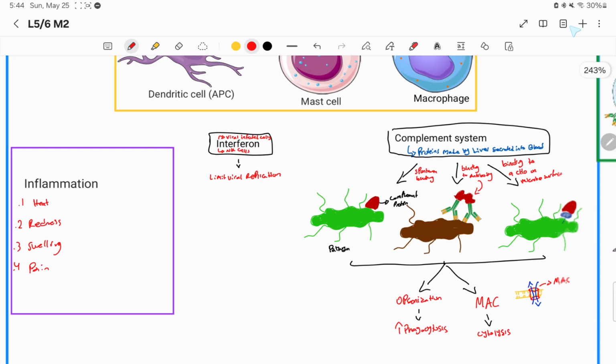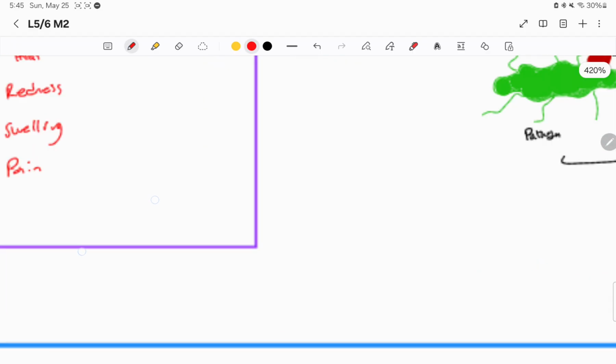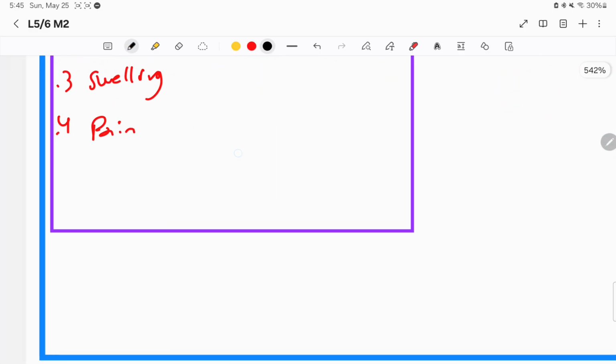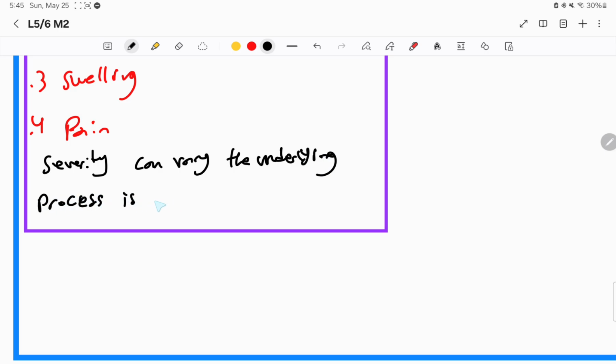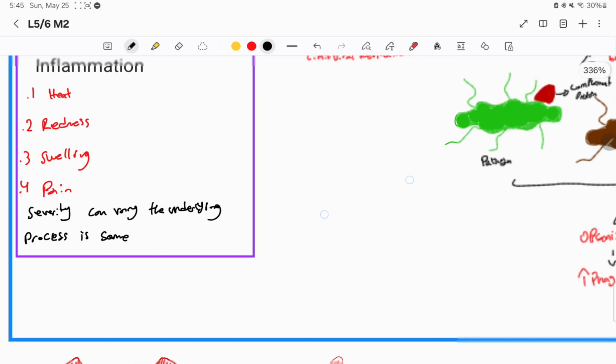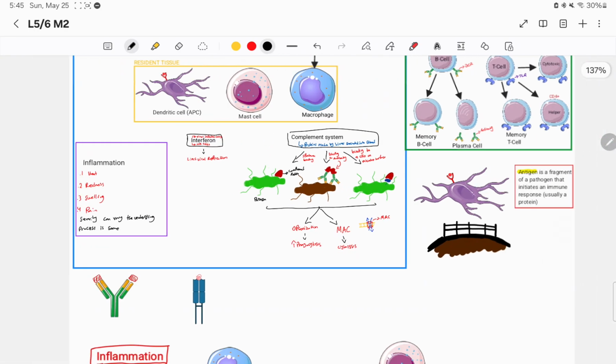Okay? The only thing you have to realize is that while the severity of inflammation can vary, the underlying mechanism or process is the exact same. Okay? It's literally the same response, but the severity can, of course, vary.